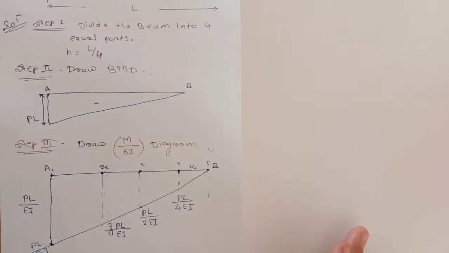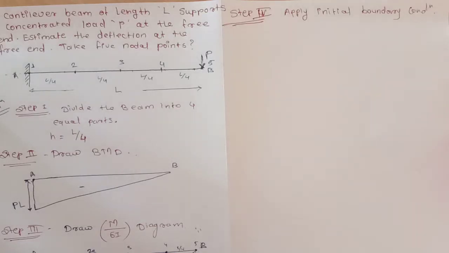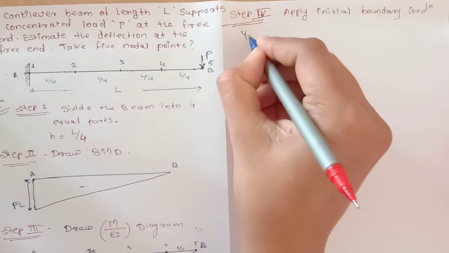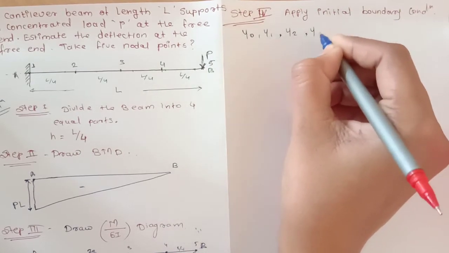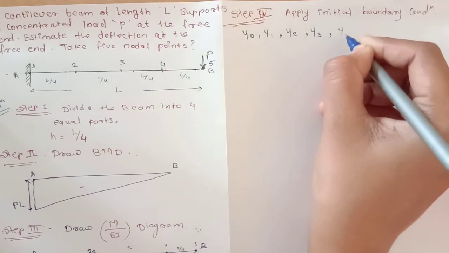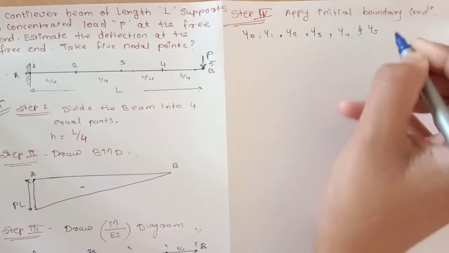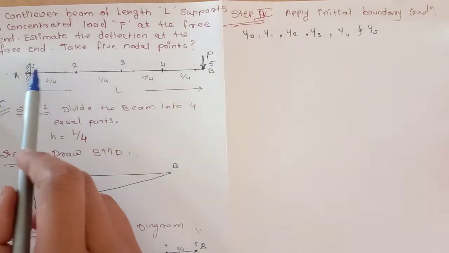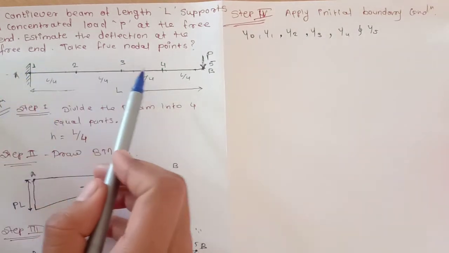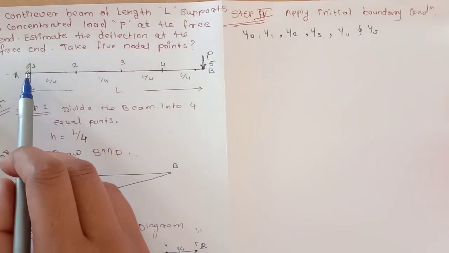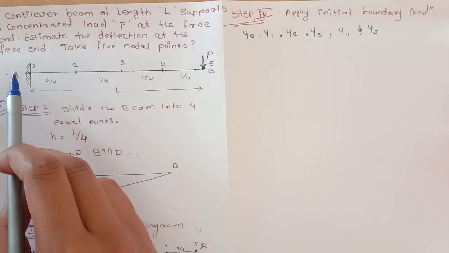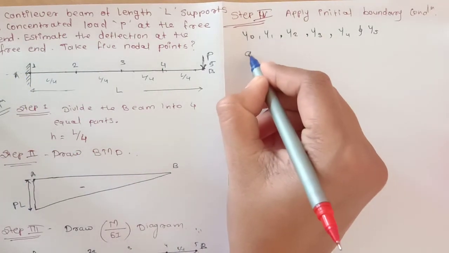Then next is step number 4, that is apply the boundary conditions. Let y0, y1, y2, y3, y4 and y5 be the deflections under nodal points 1, 2, 3, 4 and 5. Here point A is fixed, so node 1 is fixed.